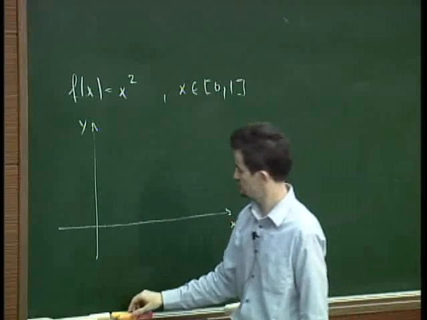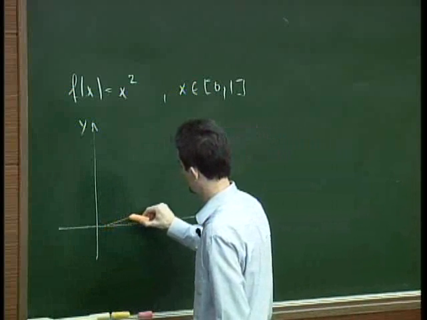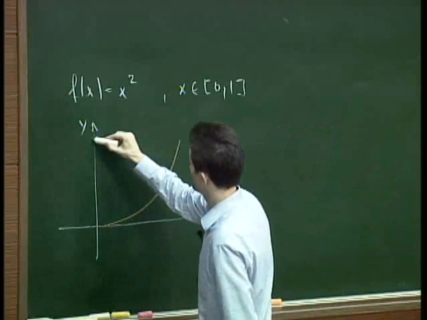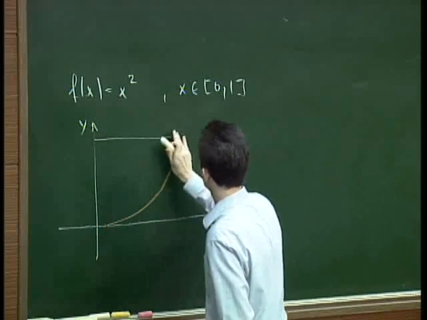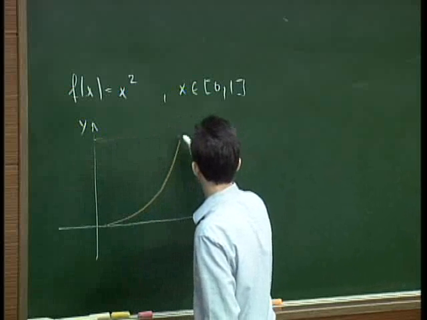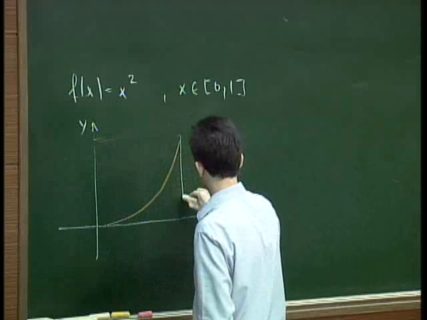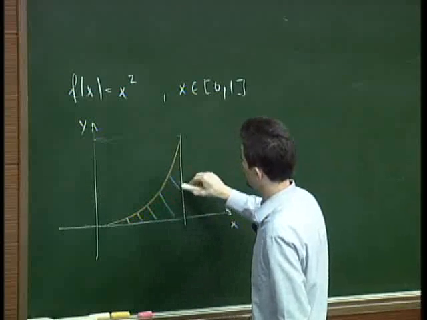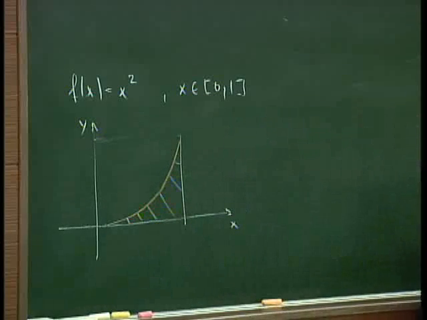Okay, so we have our function, maybe it looks like this here. Actually, it's not important. And what we want to do is define this area here. So we want to find the definition of this area.